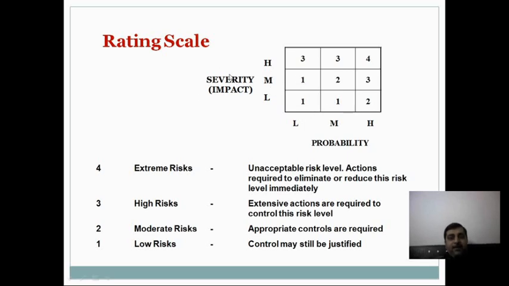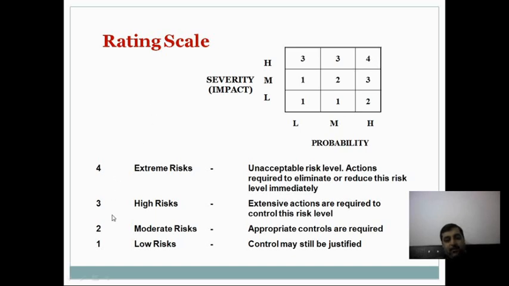But if impact is low and probability high, then it becomes 2. But when probability is low and impact is very high, because that can cause fatalities and long-term damage, it is 3. Either way, when it is medium and high on both sides, you will have a rating of 3. And if both are high, it's 4.